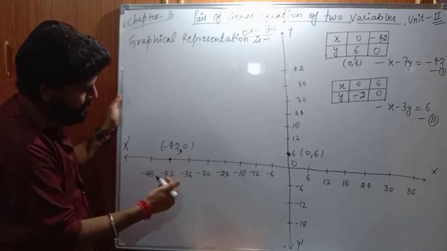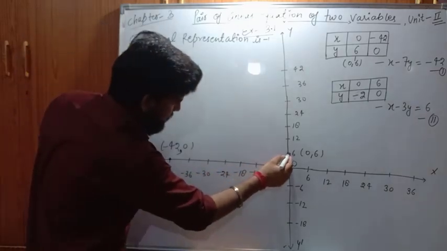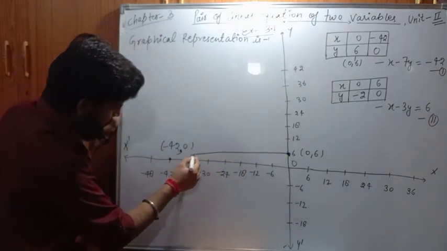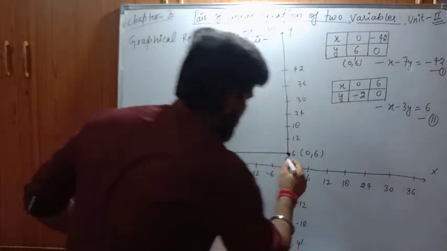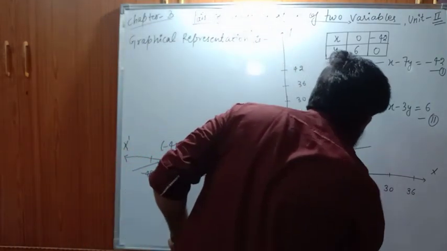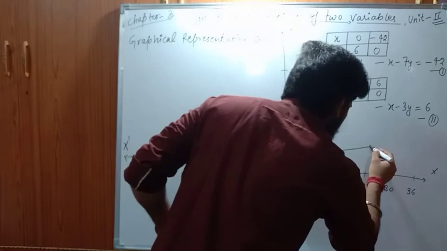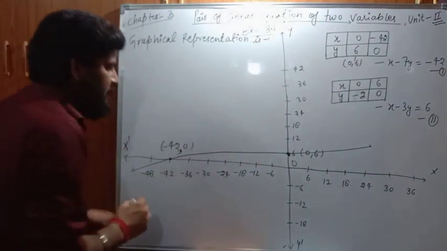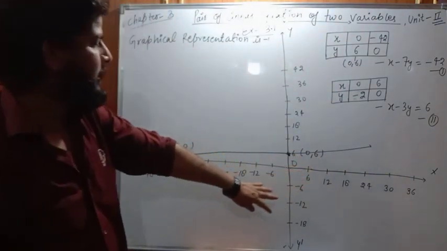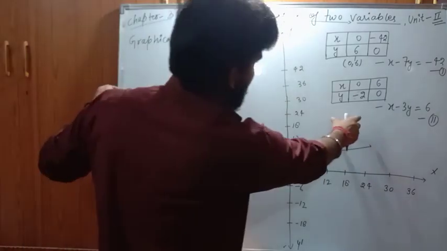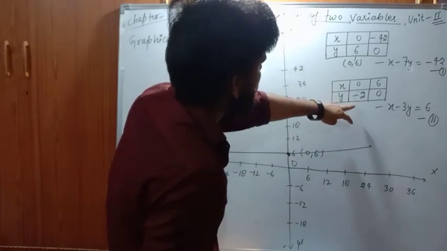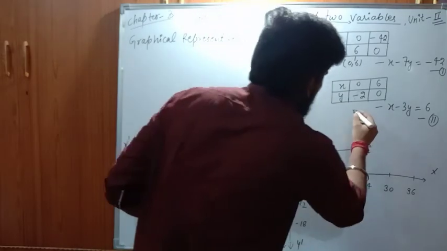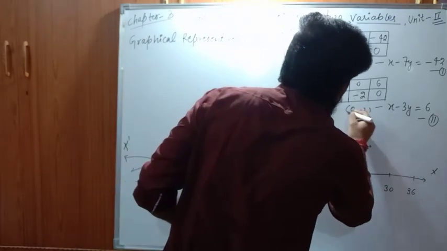Now we join these 2 points. You have to take help of a scale, आपको स्केल की हेल्प से ये लाइन ड्रॉ करनी है, ठीक है। In the second equation x is 0, y is -2, so 0, -2.